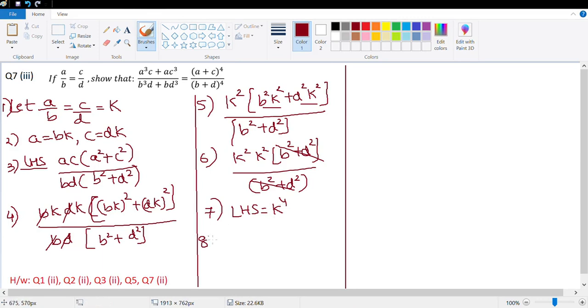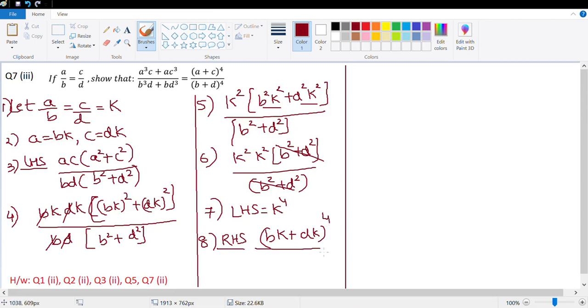Now right hand side is equal to a plus c the whole square. So a plus c the whole square would make it a is bk and c is dk, the whole square. Not whole square, to the power 4. My mistake, that's to the power 4.